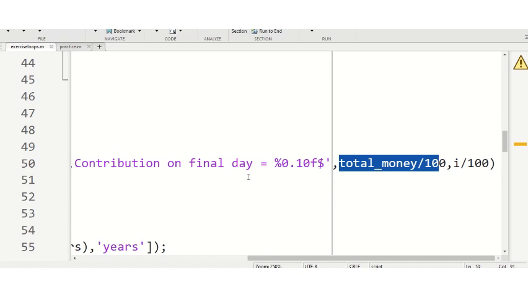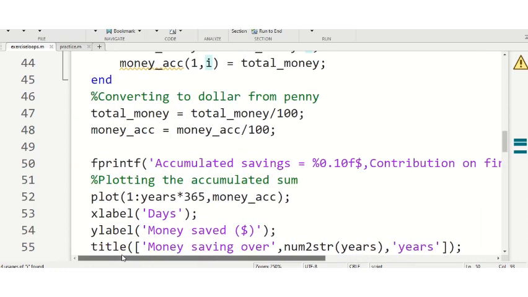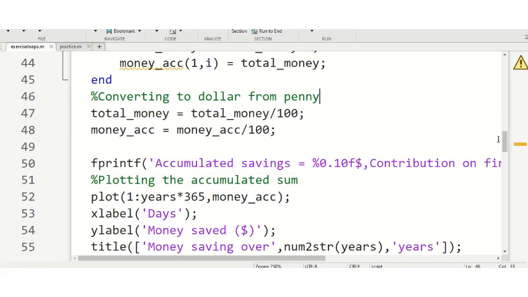And the total contribution on the final day is nothing but i, but since you want it in dollars, we consider i by 100, okay. You can plot, but it was not asked in the question. So till here it is enough to write the program, okay.